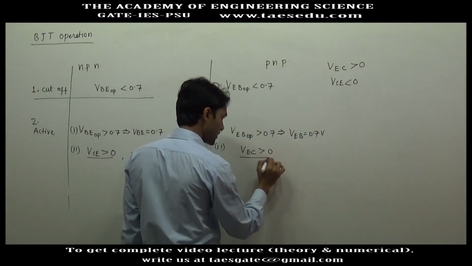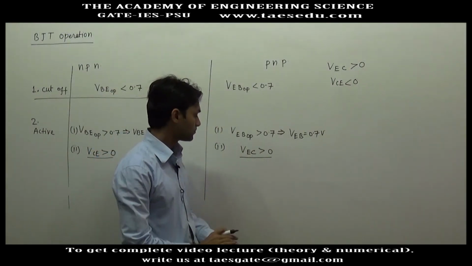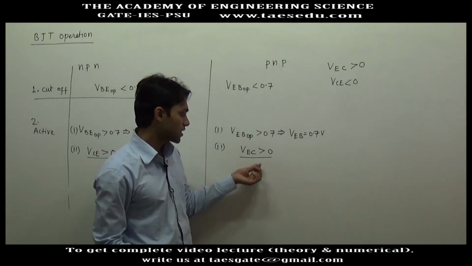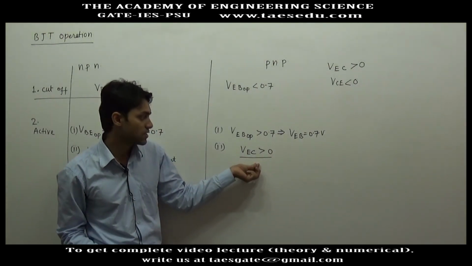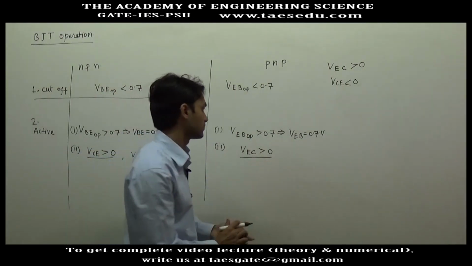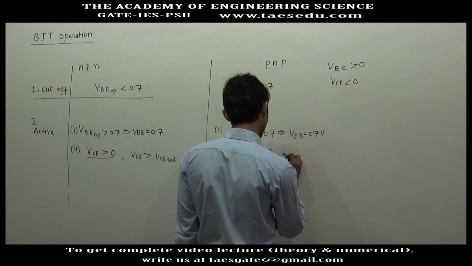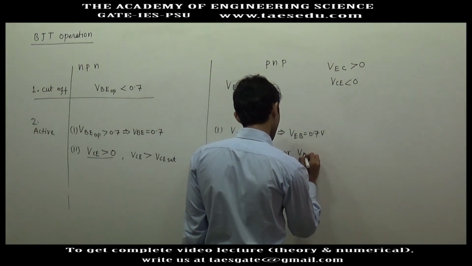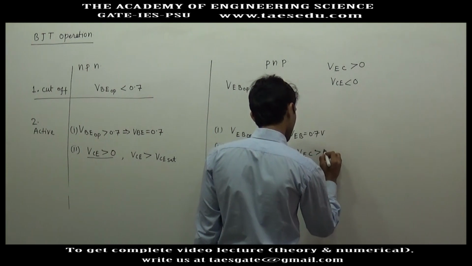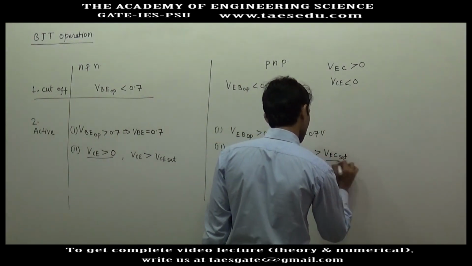This is for ideal case, if the transistor has no internal resistance, and if the transistor has some internal resistance, in place of 0 we will have VEC saturation, or VEC must be greater than VEC saturation. This will be given in the question.